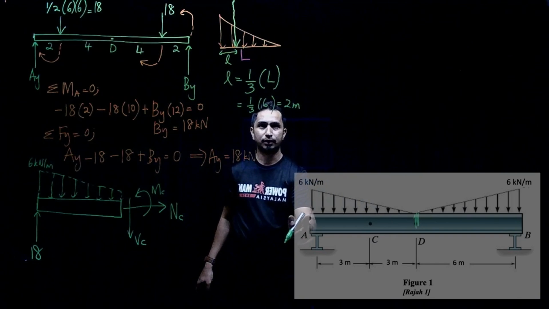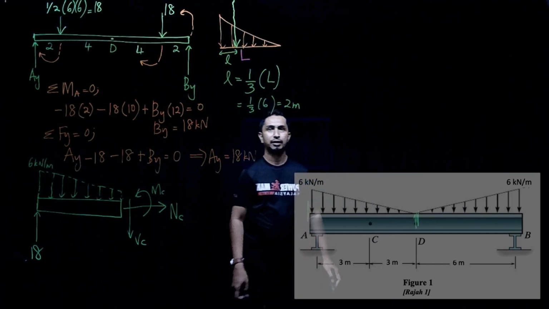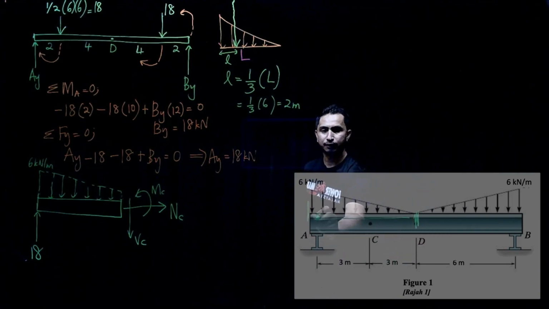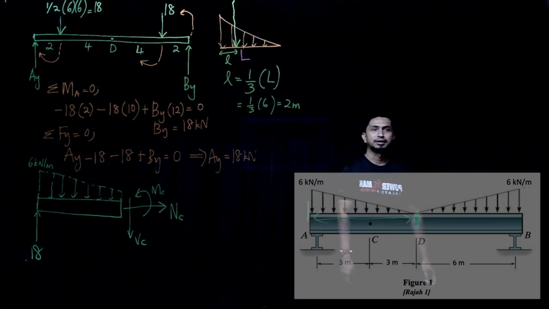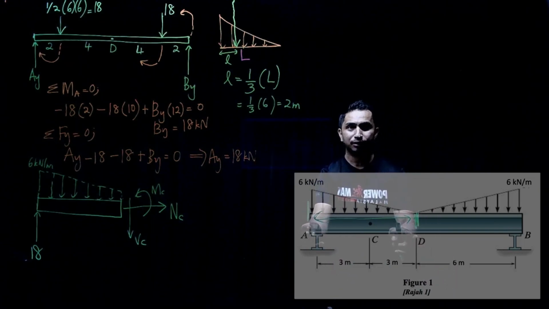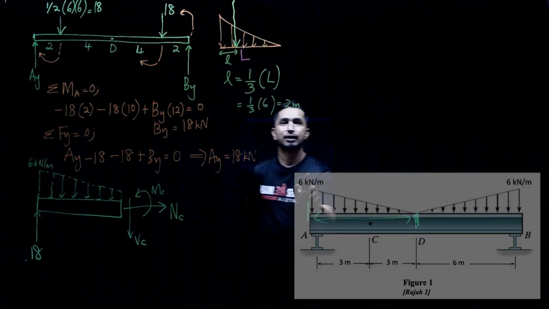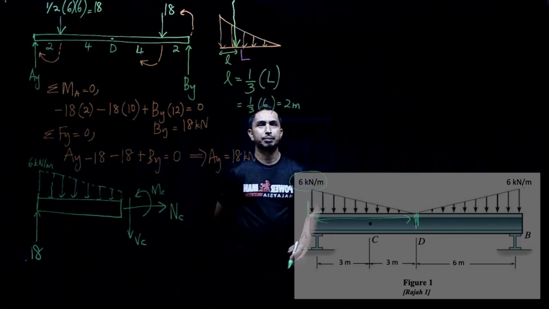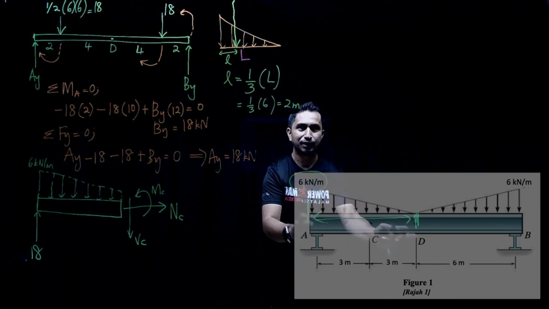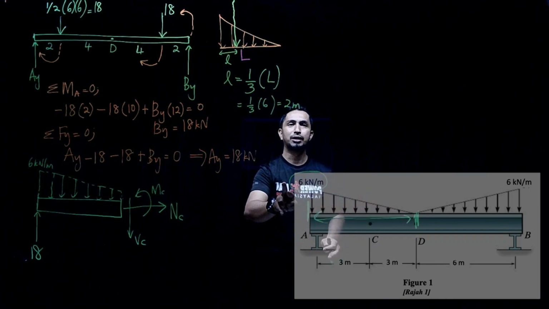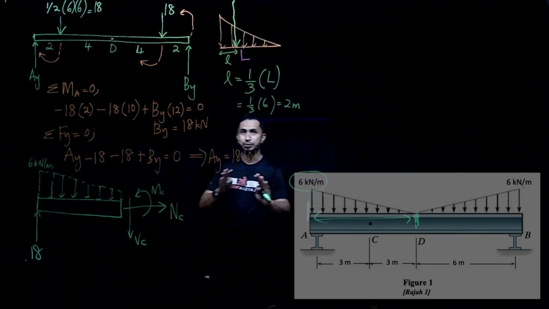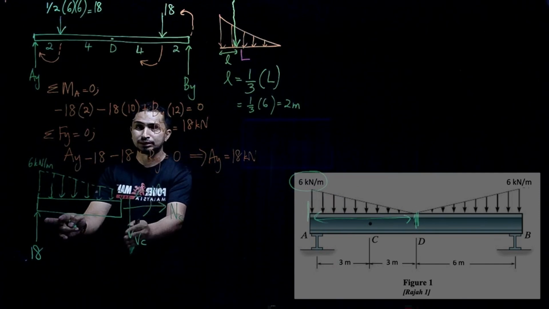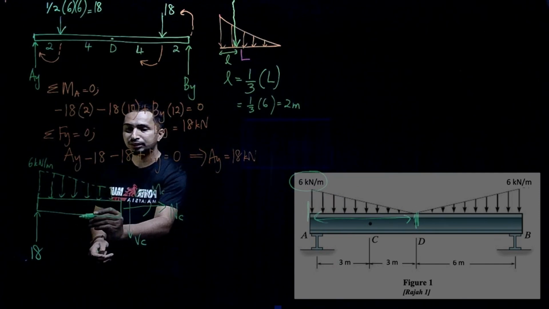This is 6 meter, the height is 6 kilonewton per meter. If the distance is 6, then the height will be 6 kilonewton per meter. I want to make a ratio. Now, from A to point C, because we want to cut at point C, the distance from A to C is 3 meter.